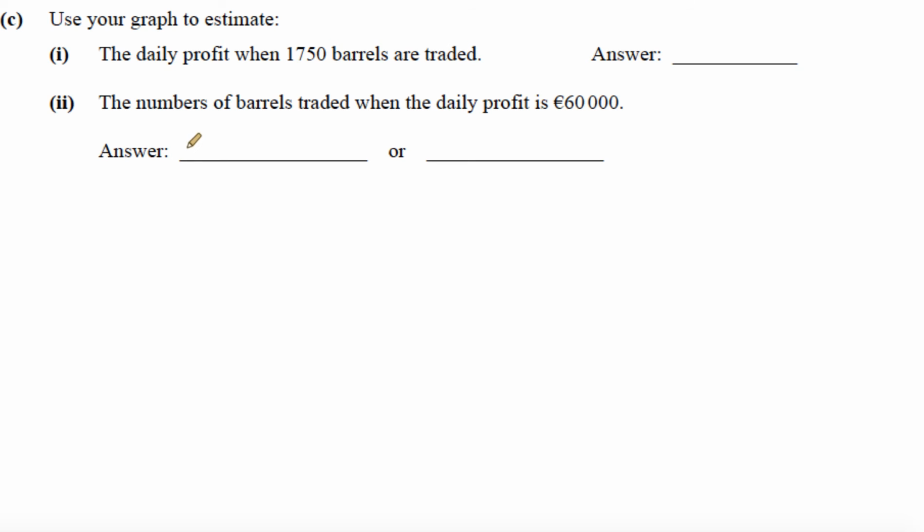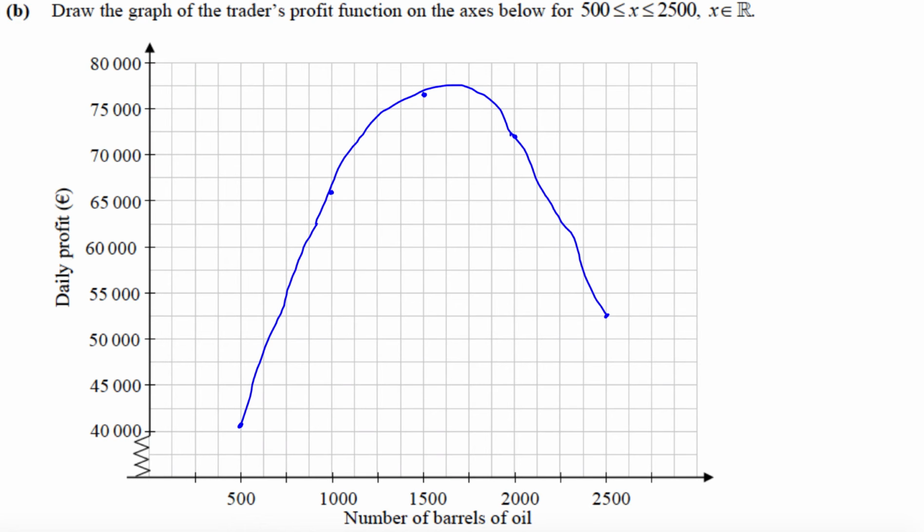Part C says use your graph to estimate 1. The daily profit when 1750 barrels are traded. So let's go back. When 1750 barrels are traded, that's from here. We draw a line straight up from here till we hit the curve. And then we go across from there. That's going to be our estimate. So across to here.